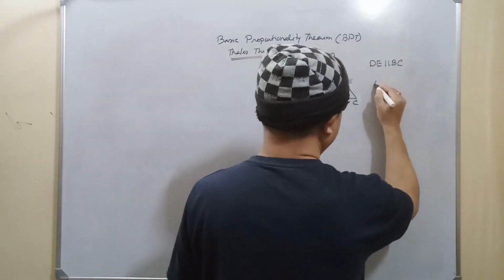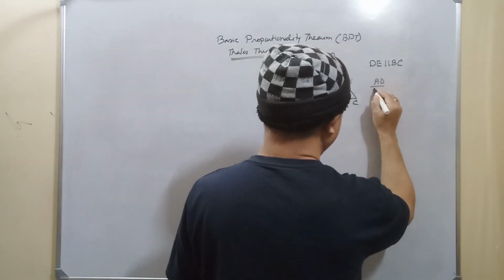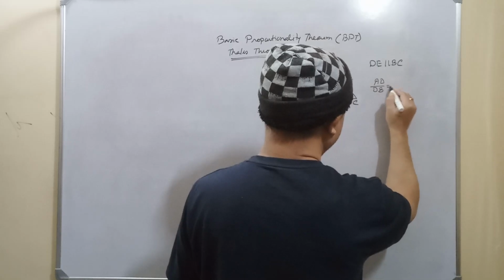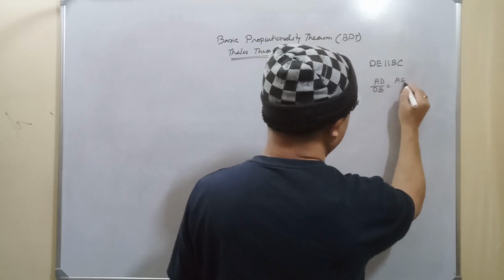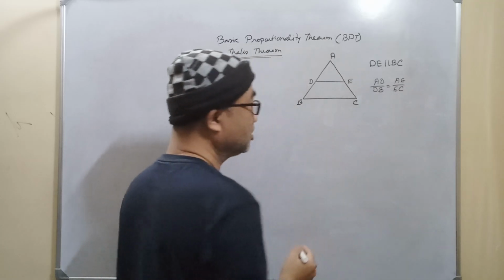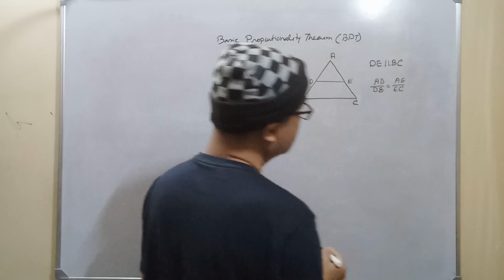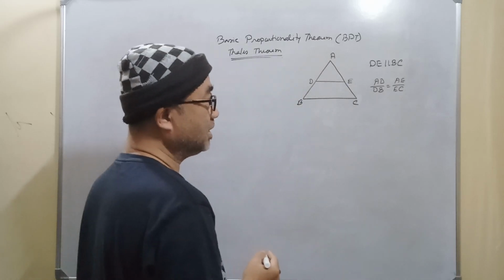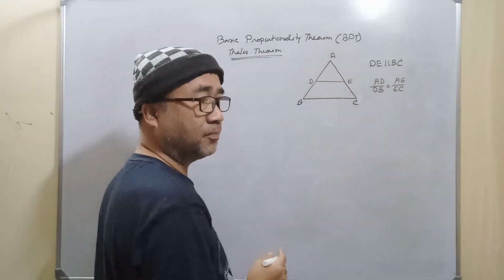That means AD by DB is equal to AE by EC. That is the theorem.